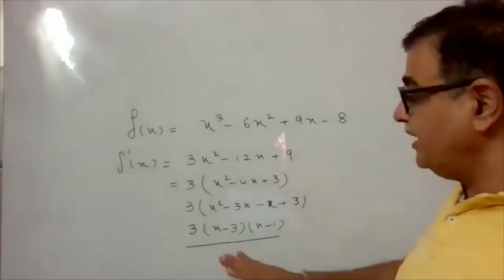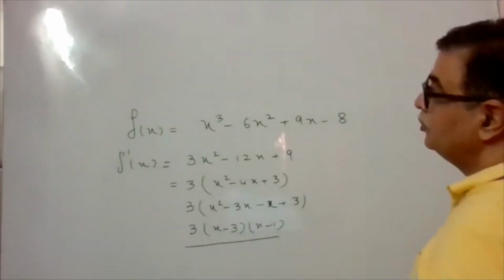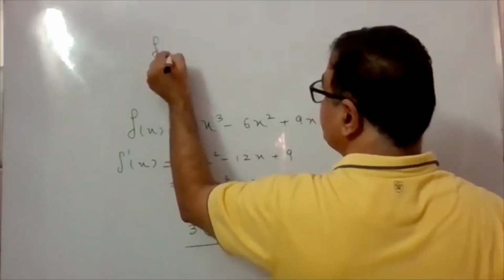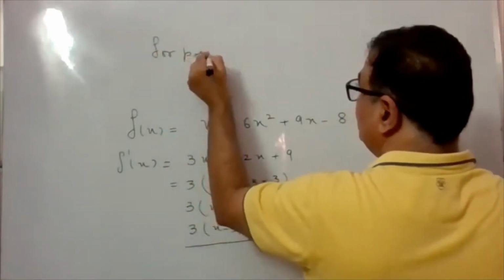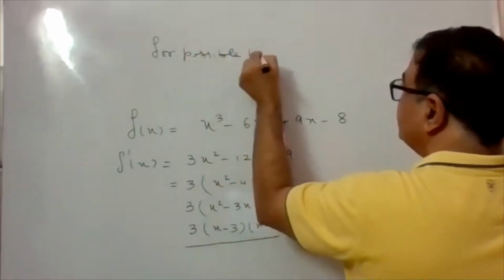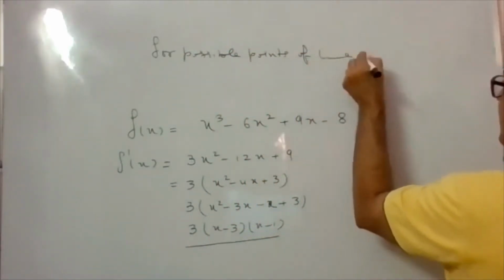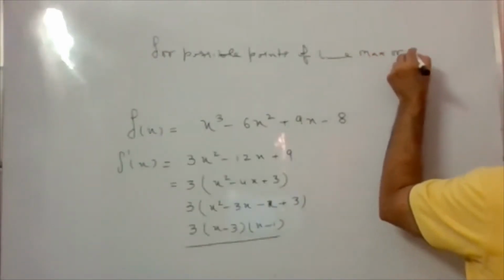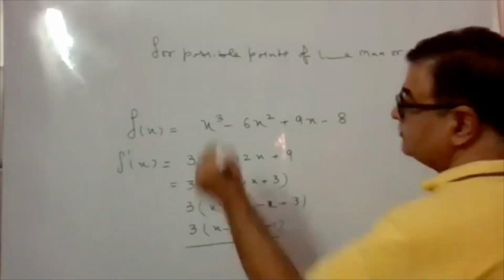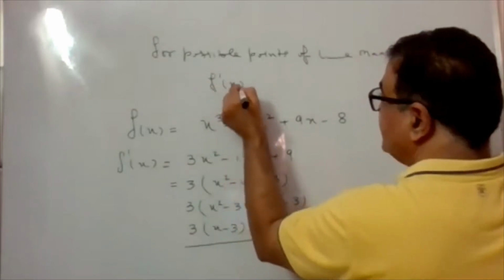After getting this derivative, for possible points of local maximum or minimum, f dash x has to be 0.